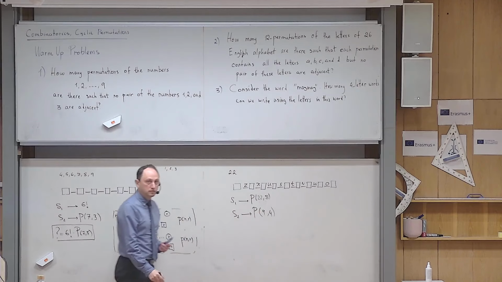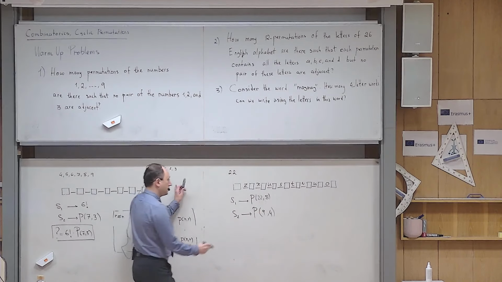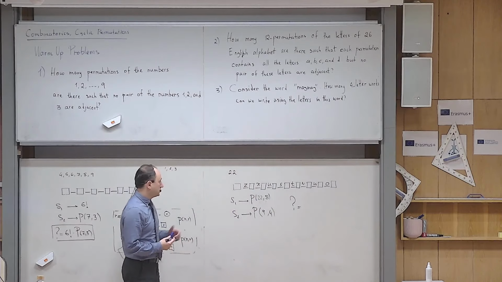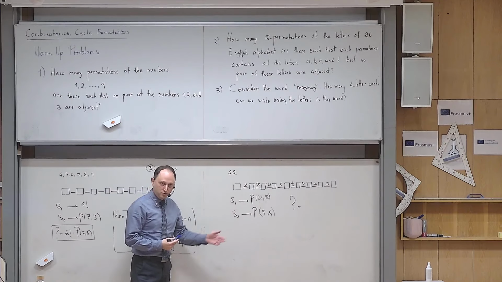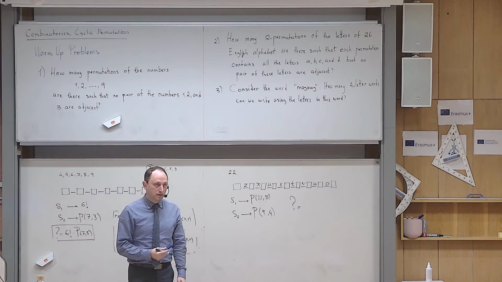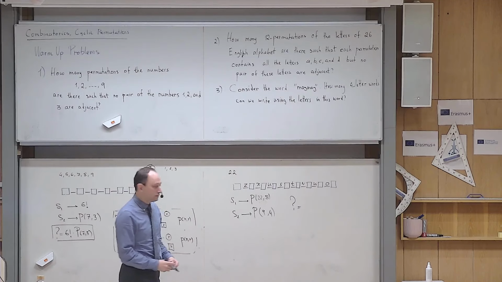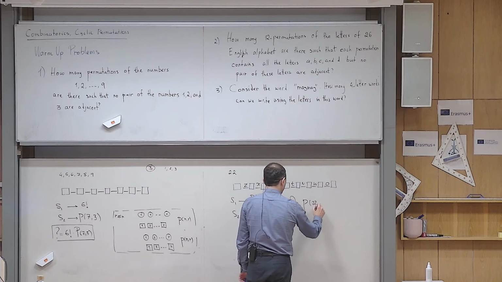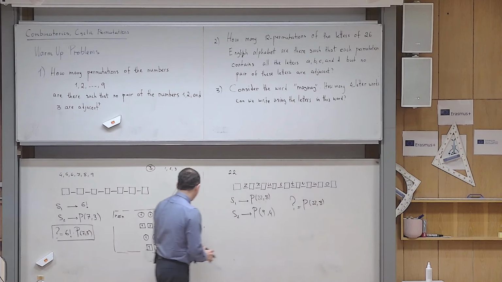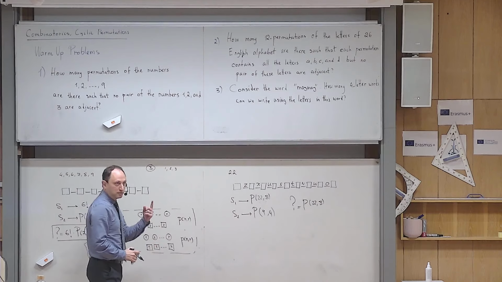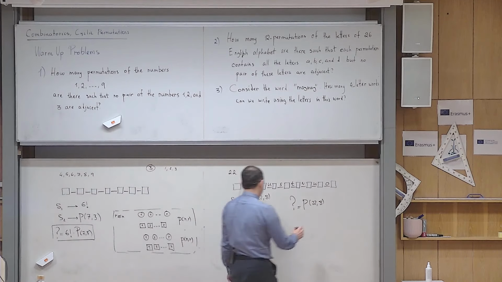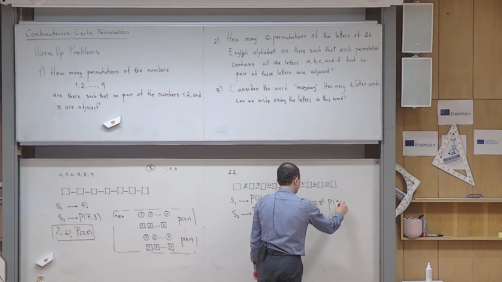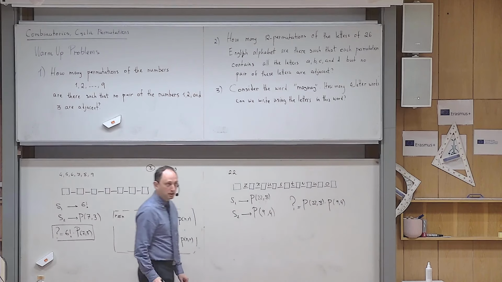Yes? And then what is the total answer to the problem? What is the final answer to the problem? I have to do these stages one after the other so that the task is accomplished. So this means that I have to multiply. So that's simple. You see, this is a good problem to understand the model because I use both of them in one problem. Yes? So P(22, 8) times P(9, 4), and that's it. You can keep the answer like this.